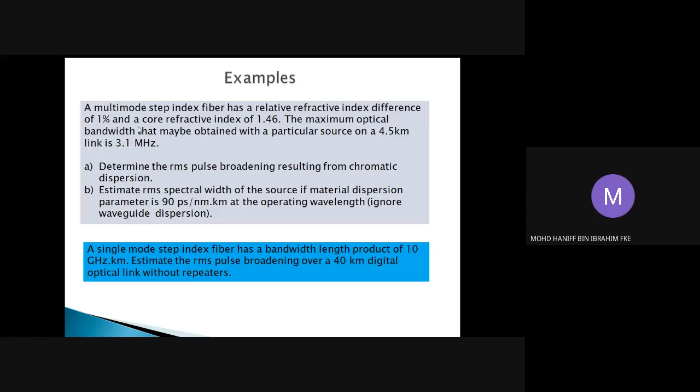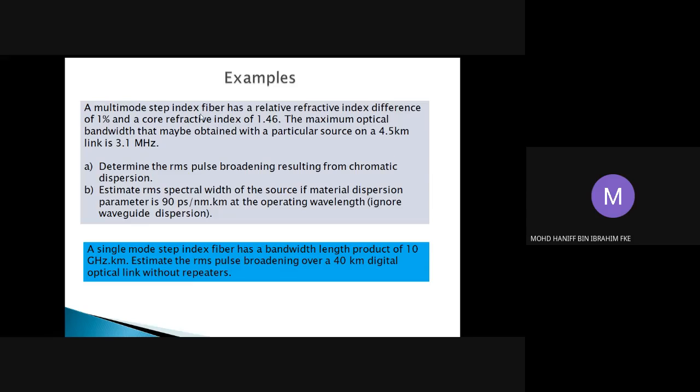The relationship between the bandwidth or bit rate and the pulse spread is that the bandwidth equals 0.2 divided by the total pulse spread, because we are referring to the RMS value. From here, we can find the value of the pulse spread. This is the total pulse spread, which is the summation of the pulse spread due to the intermodal effect and the chromatic effect.